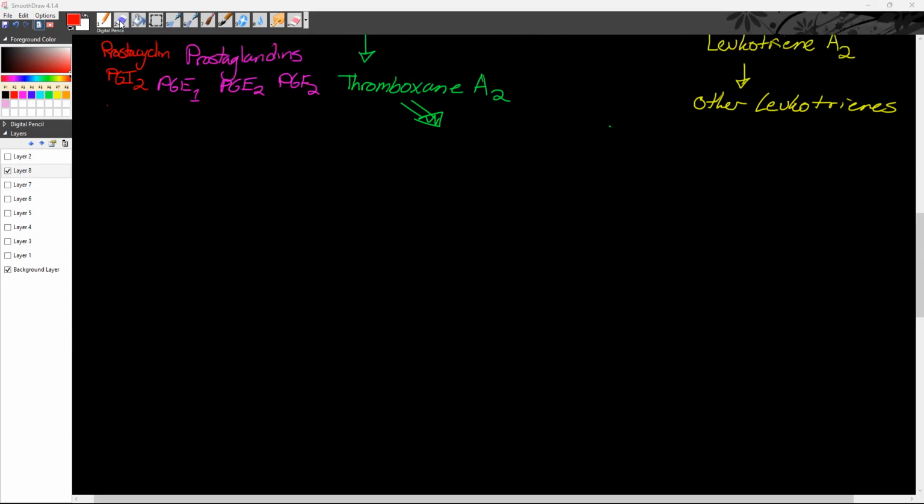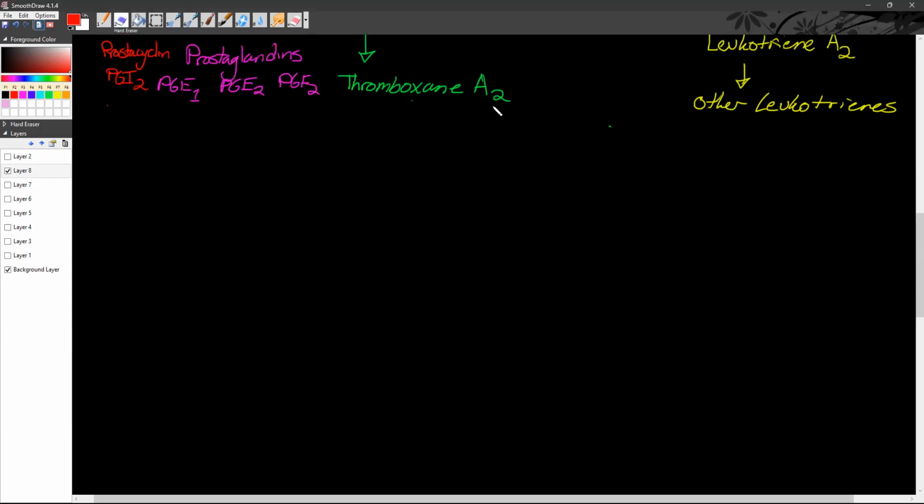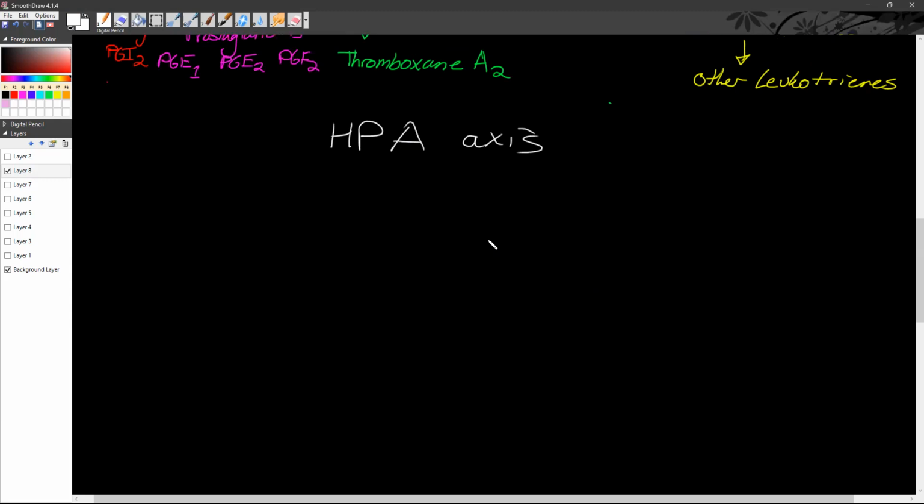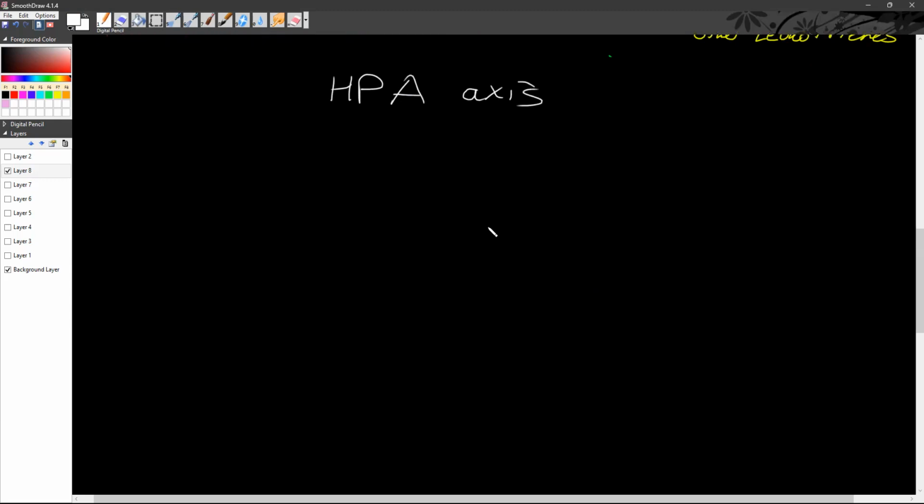What I will talk about, and this is something that is a little bit confusing and took me some time to figure out, is the release of cortisol. Glucocorticoids have a complex system in terms of how they are regulated in the body through something called the HPA axis.